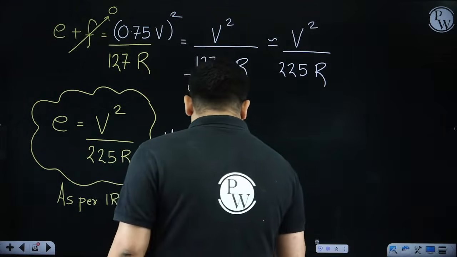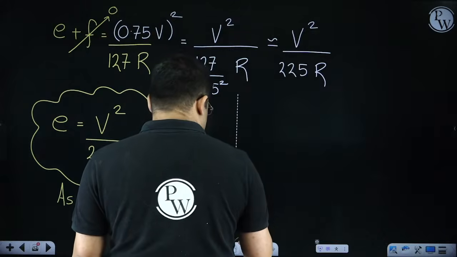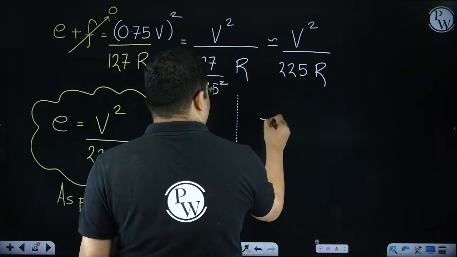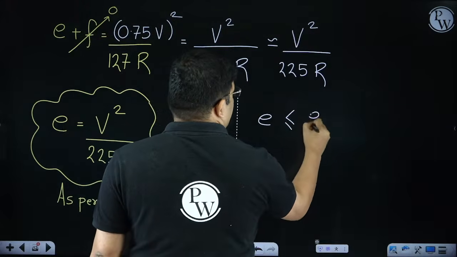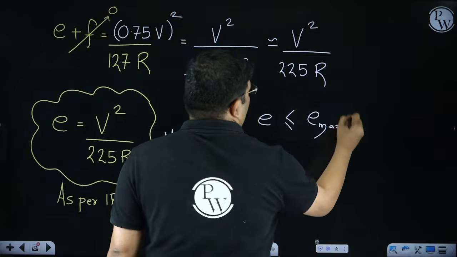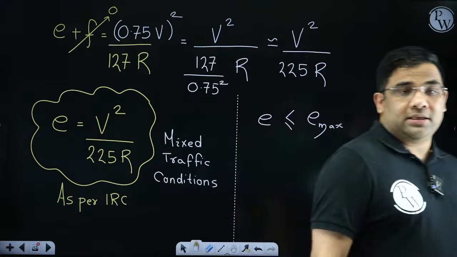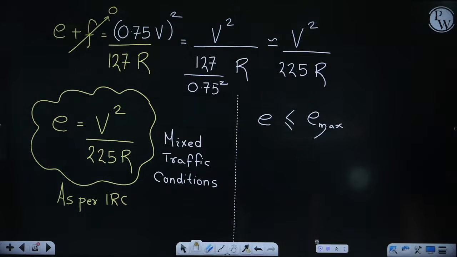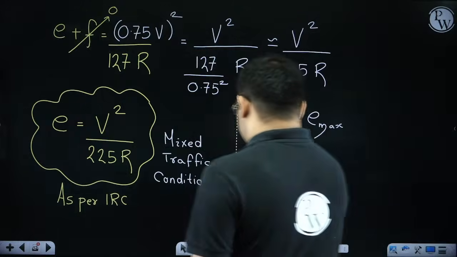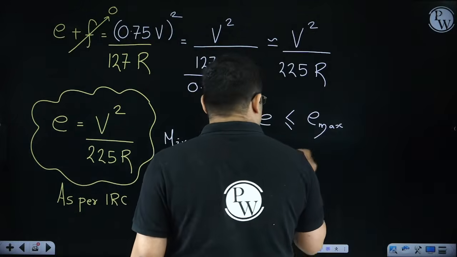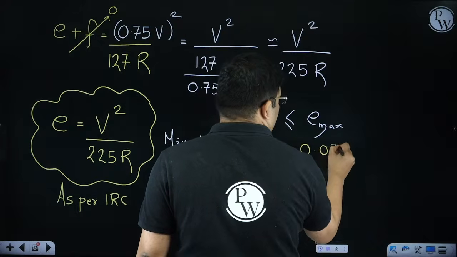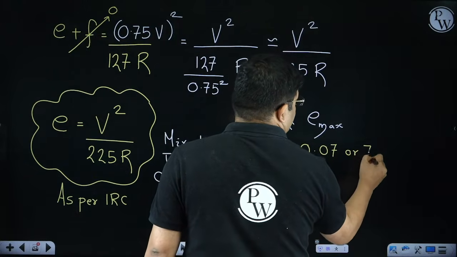Now there is another recommendation from IRC that whatever E we are getting should be less than some maximum value. Now what is that maximum value? That maximum value is 0.07, or in percentage 7%.